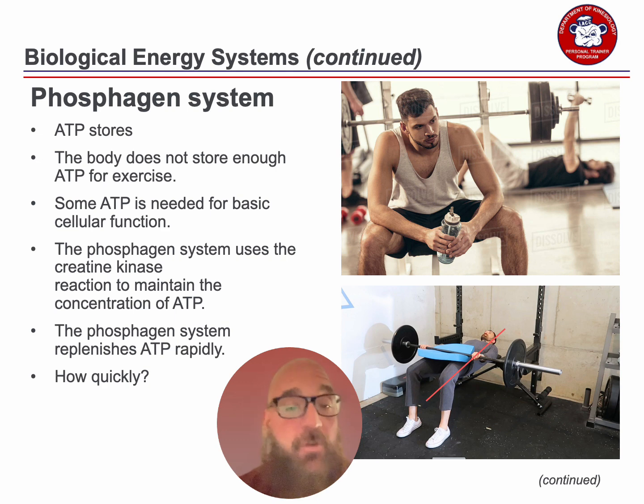That's why those other systems ramp up and turn on, and they produce more ATP than the phosphagen system does initially. But the phosphagen system is always on; you're always able to generate energy from it. It's going to use creatine kinase, which is basically a chemical grouping reaction to maintain the concentration of ATP in your bloodstream. The phosphagen system replenishes ATP rapidly, and how quickly? So that's the question.